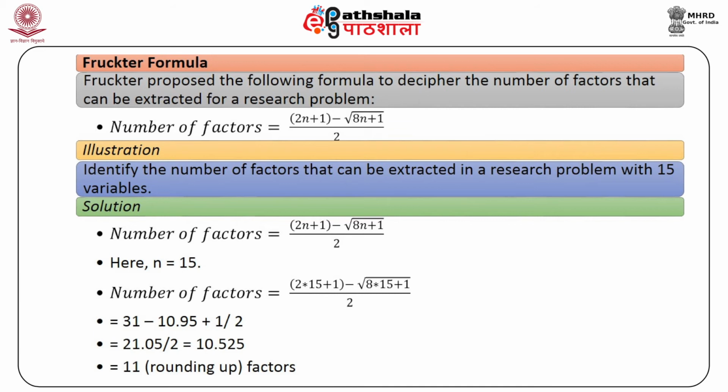Now, here as n is equal to 15, upon the substitution of the values in the formula, we find that the total number of factors that can be extracted from a 15 variable correlation matrix is 10.525, rounded up to 11 factors. So, a maximum of 11 factors can be extracted with a 15 variable correlation matrix. Hence, in a research problem with 15 variables, 11 factors are important to be extracted.